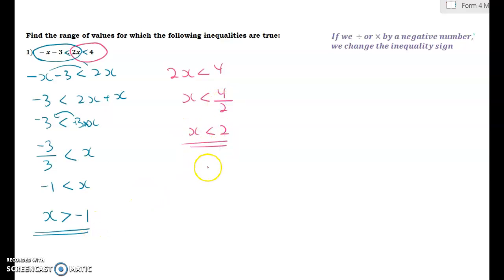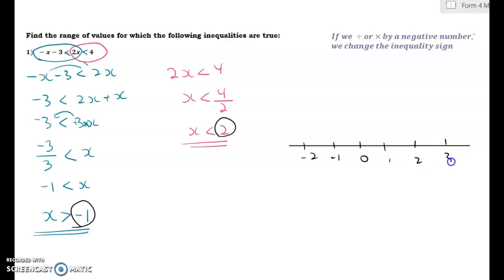Now with these two inequalities, my next step is I need to go to a number line, plot them, put them in, and see if they have any overlap in values. Let me do that now. When you're doing the number line part of it, you need to make sure you cater for your values. So I have a minus 1 here and I have a 2. So I have to have minus 1 and 2 here as well. So I could go minus 2, minus 1, 0, 1, 2, 3.